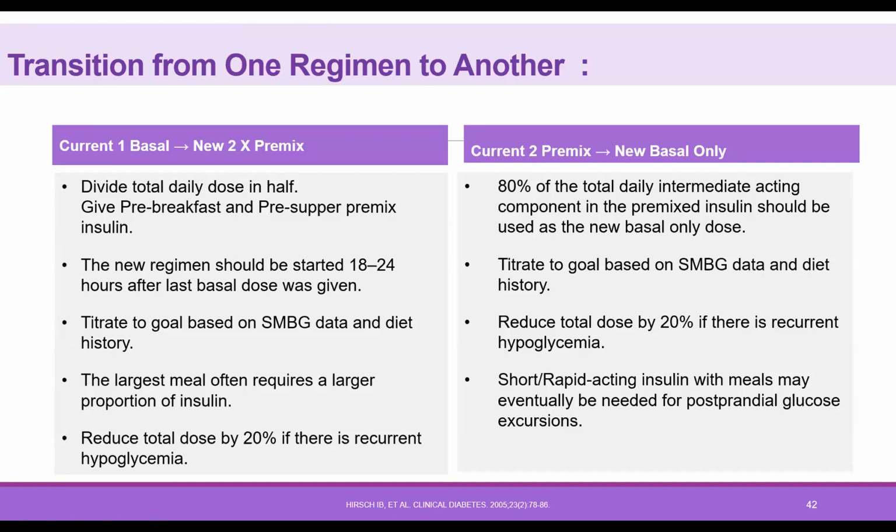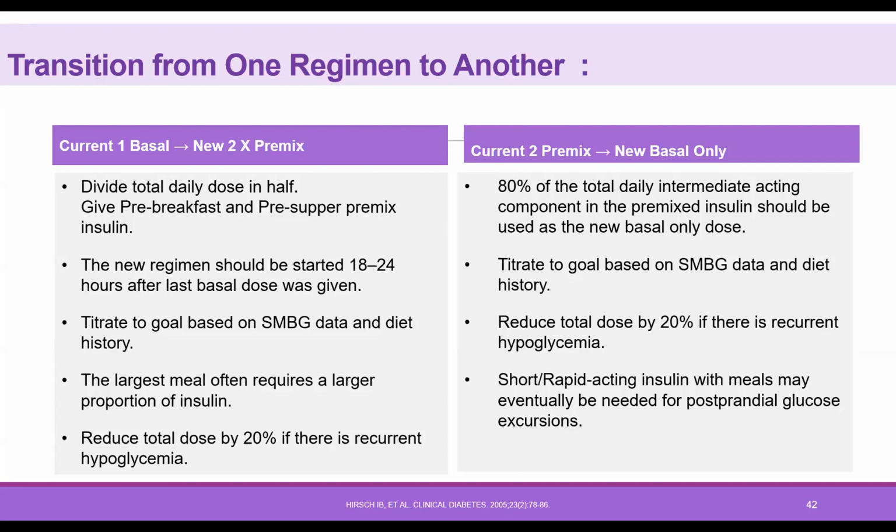Now the patient is receiving basal insulin, so the basal insulin component should be the same in the premixed insulin. The new regimen should be started 18 to 24 hours after the last basal dose. So if I usually give the basal insulin at bedtime and have to shift the patient to premixed insulin, I start the next day before dinner.